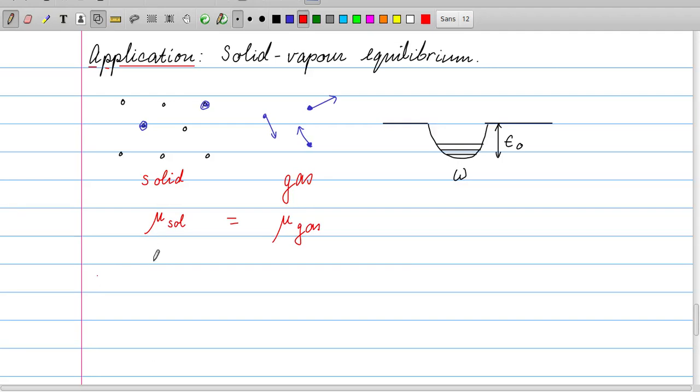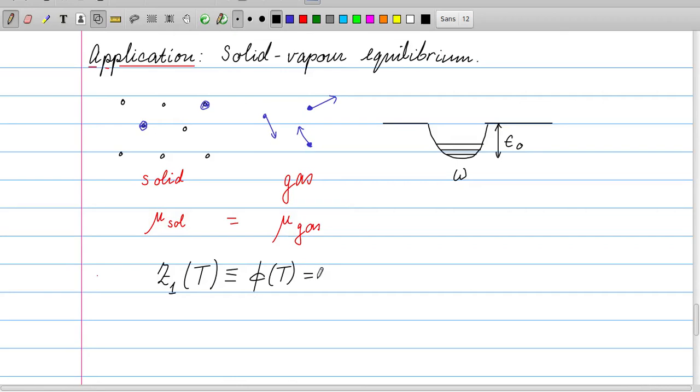For the partition function, we can just use the partition function of the harmonic oscillator in one dimension and raise it to the power 3, as we have done before. The harmonic oscillator partition function at temperature T, we call that phi, which is a function of T.